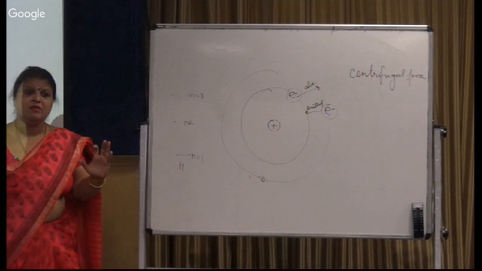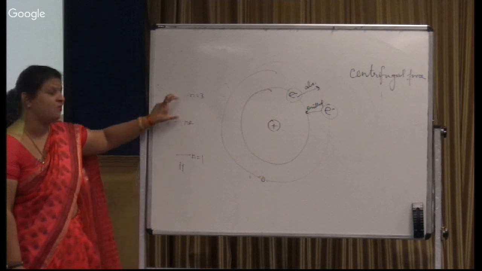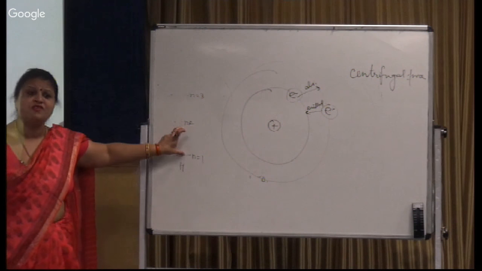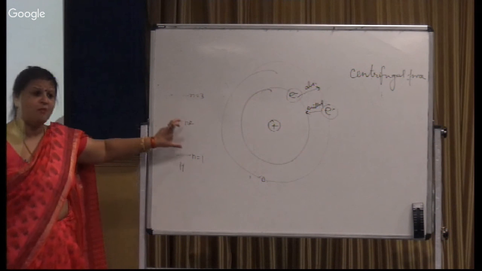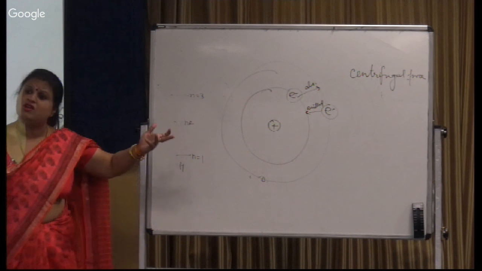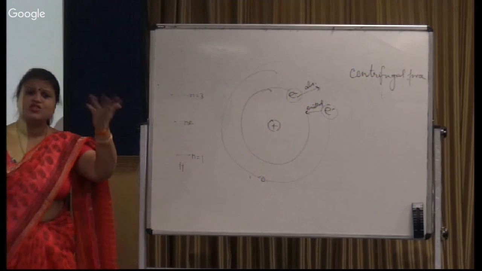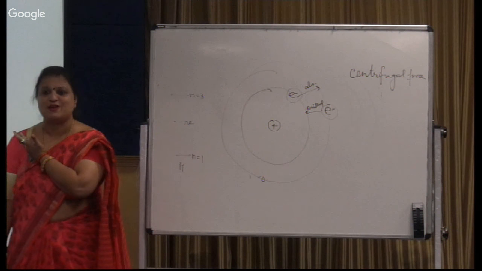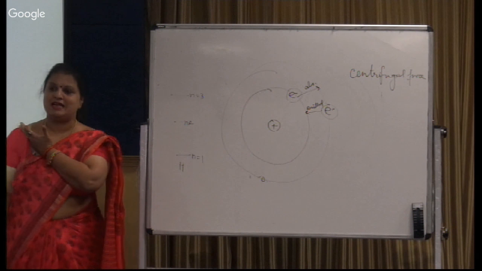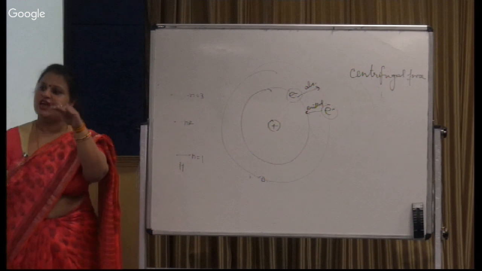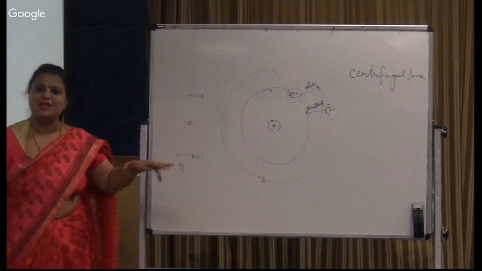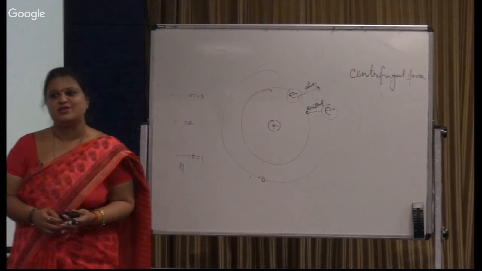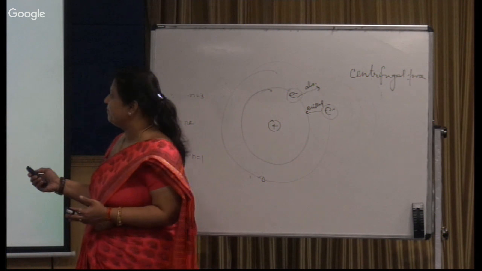No two elements will have exactly the same energy gap between different shells. If the energy gap between two shells is different, automatically the energy transition will also be different, and that is what is reflected in the spectra. So it is because different atoms have different spacing of these shells at the atomic level that the spectra of all these elements are also different.